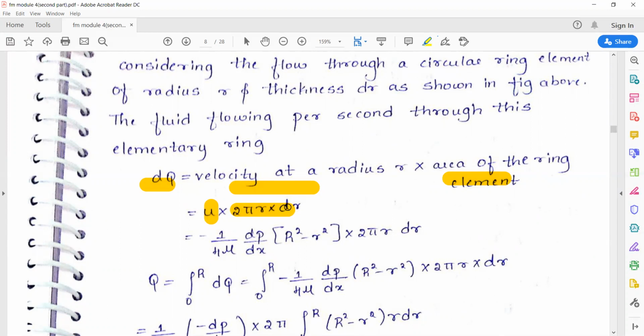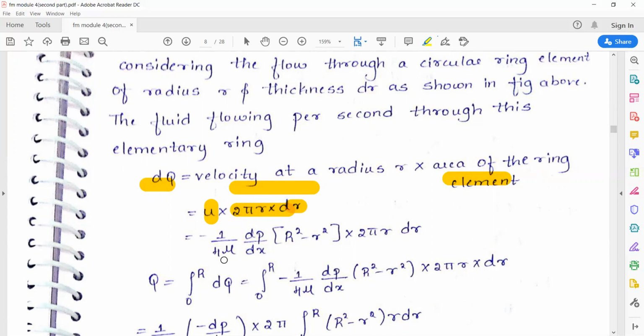So the surface area is 2 pi r into the thickness they have considered, dr: 2 pi r into dr. This is the surface area of the fluid element.